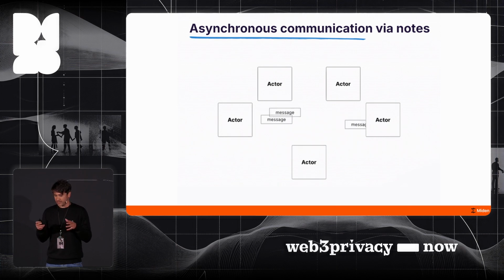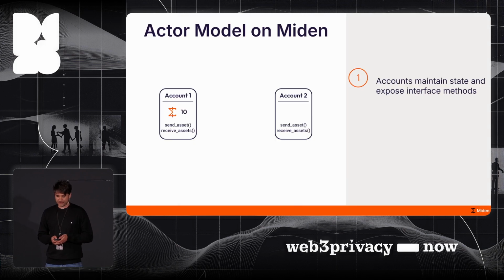If you can build a blockchain around this model, where the creation and consumption of a message are proven by a zero-knowledge proof, then you get scalability and privacy for free.